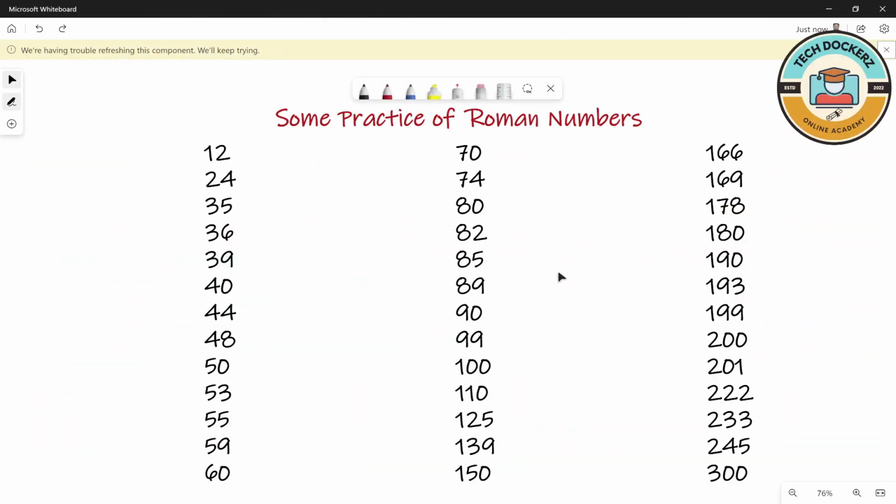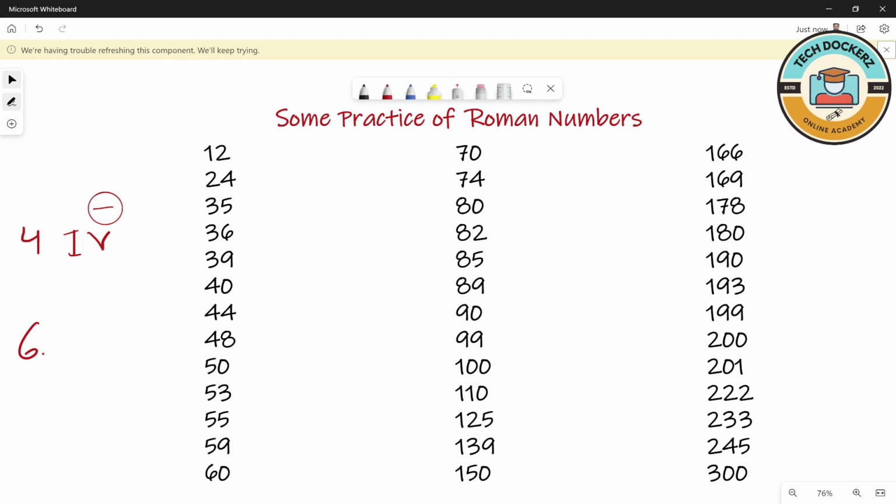Let's write Roman numbers up to 300. Before we start, I would like to give you a tip to write a Roman number. Always remember 4 and 6. How will we write 4 in Roman numbers? I and V. Smaller number followed by a bigger number using subtraction.